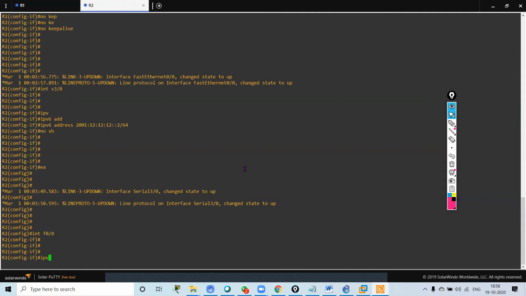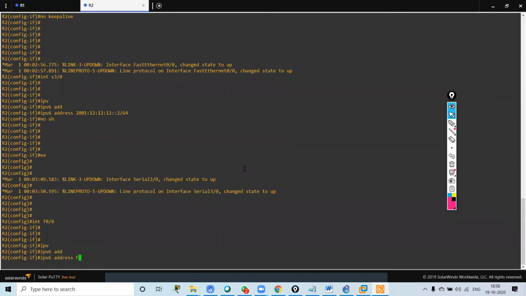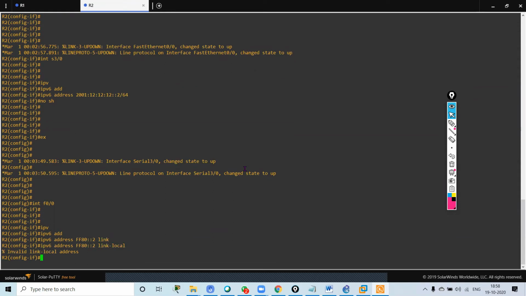IPv6 address FF80::2 link local. Saw the error? Invalid link local address.